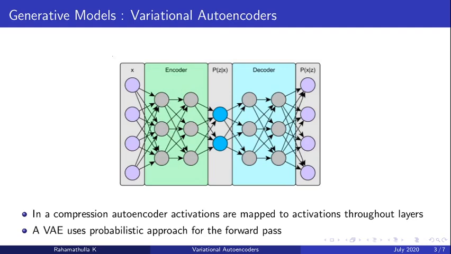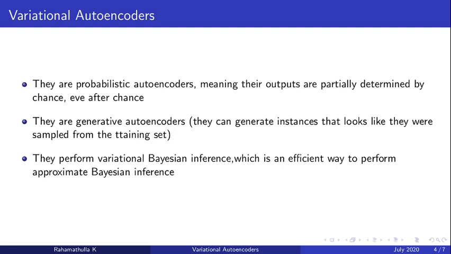A variational autoencoder uses a probabilistic approach. They are also called probabilistic autoencoders. Their outputs are partially determined by chance. They are generative autoencoders, meaning that they can generate instances that look like they were sampled from the training set.